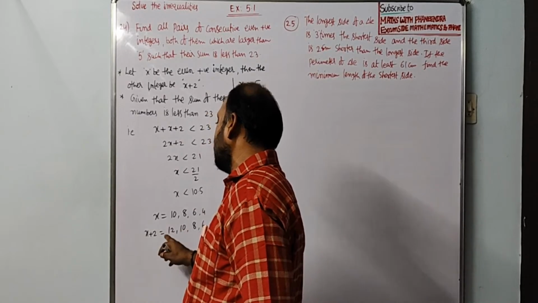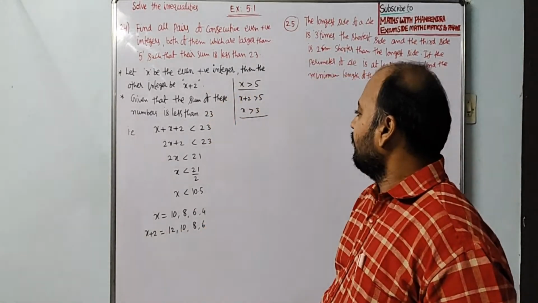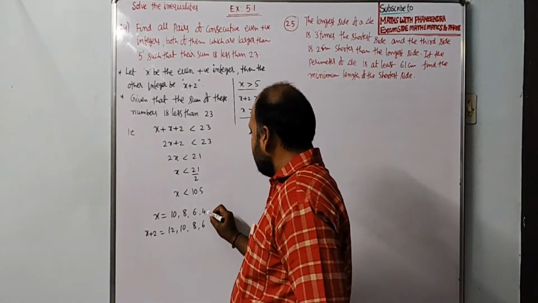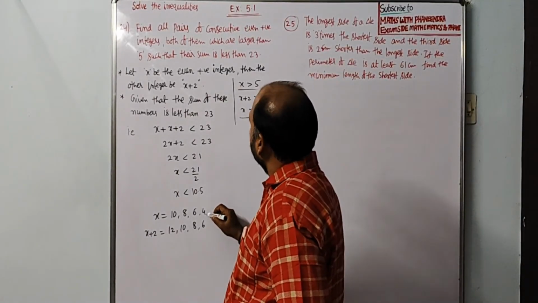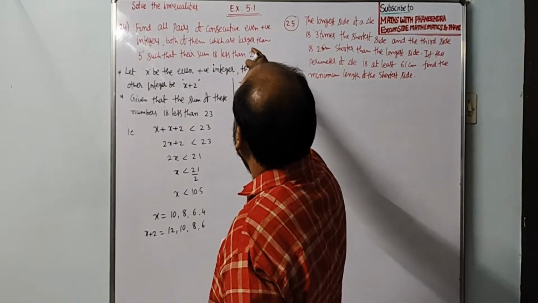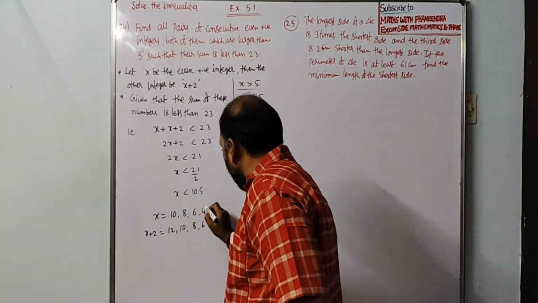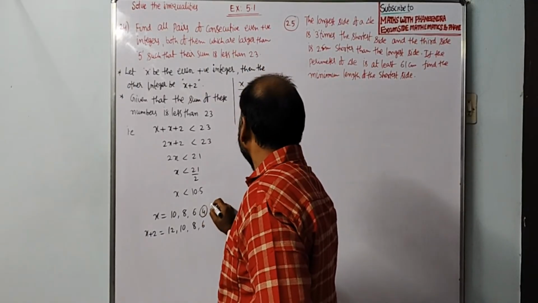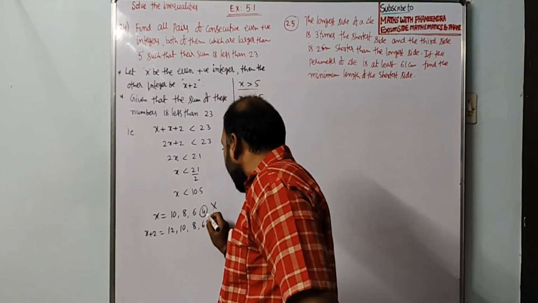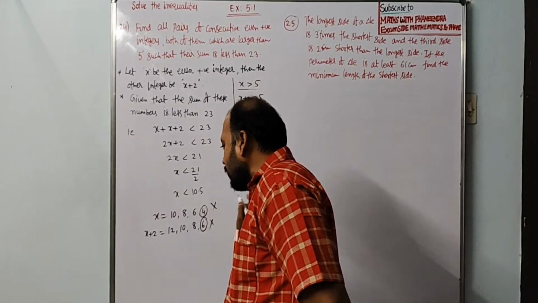10 plus 12, maximum this one comes. And both of them should be larger than 5. So 4 is not larger than 5, so that is the reason it won't come. Whenever it won't come, its pair also won't come.